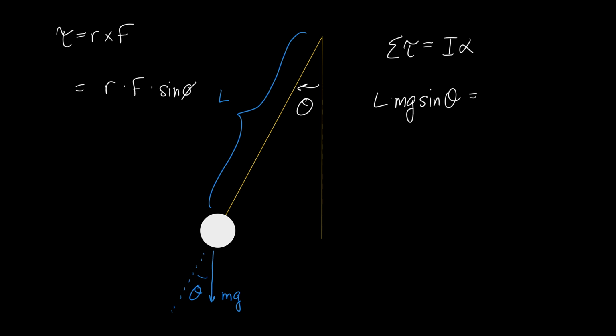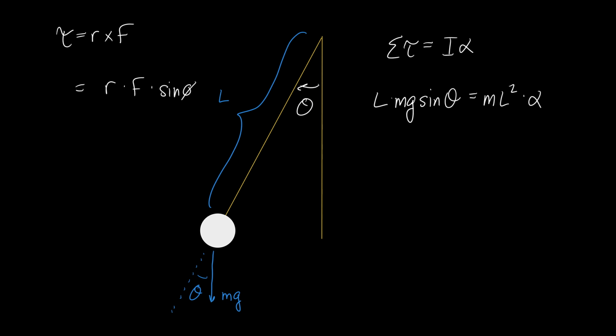Point mass. Point mass is m x squared, but what's x in this case? Times alpha. Now, I would say theta is rotated into the board using the right-hand rule, but my torque is out of the board. Would you agree?